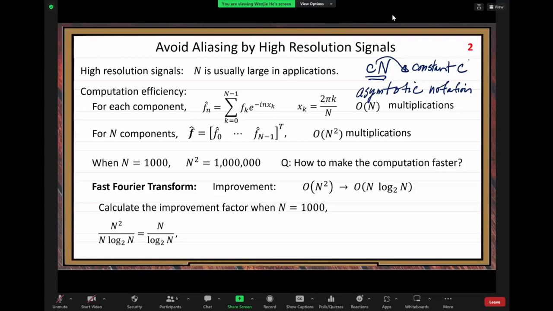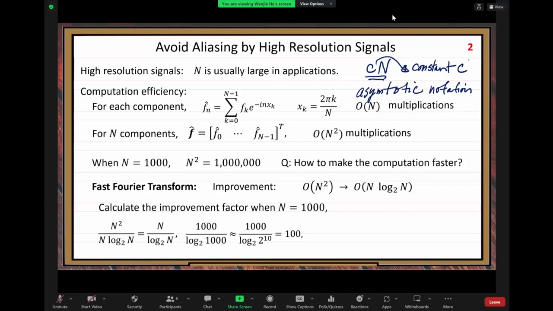So after cancellation, the ratio of these two algorithms is n over log base 2 of n. How large is that? Let's plug in 1,000: 1,000 over log base 2 of 1,000.